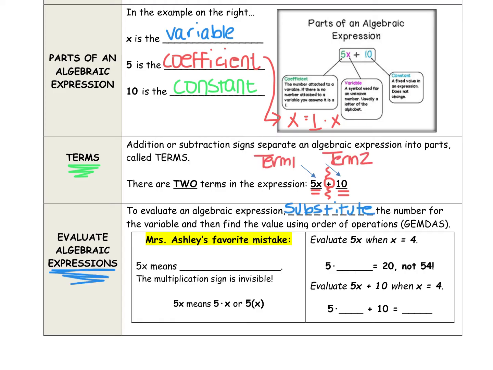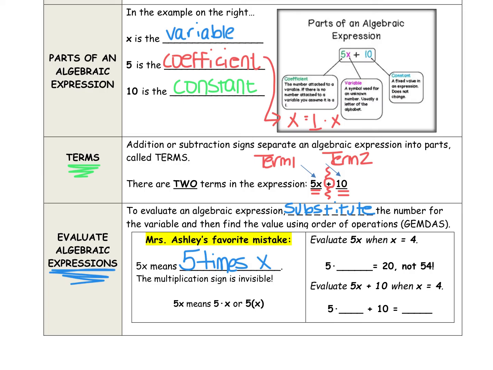In the last part of our notes, we're going to learn how to evaluate algebraic expressions. To evaluate an algebraic expression, we substitute the number for the variable and find the value using the order of operations, or GEMDAS. I have a favorite mistake here. 5x means 5 times x. The x is invisible.